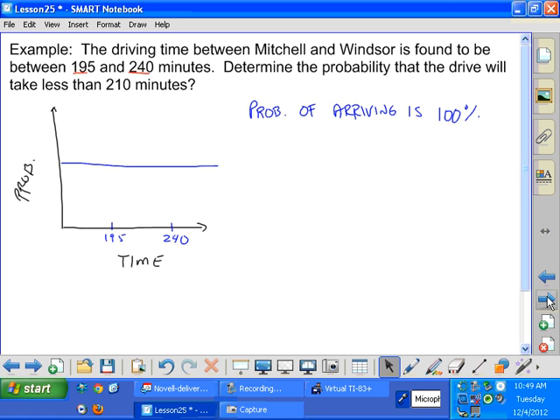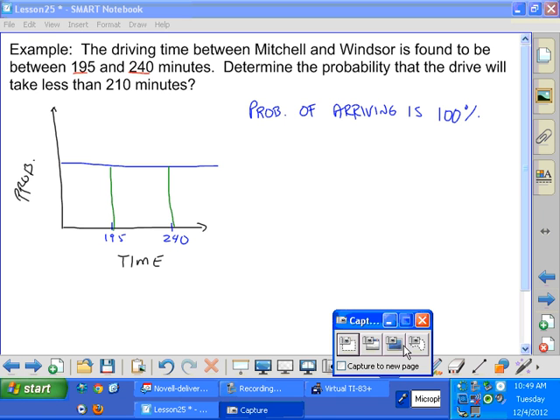Since we arrive between 195 and 240, that is where it needs to give us that 100%. So we know that our area in there is our 100%.